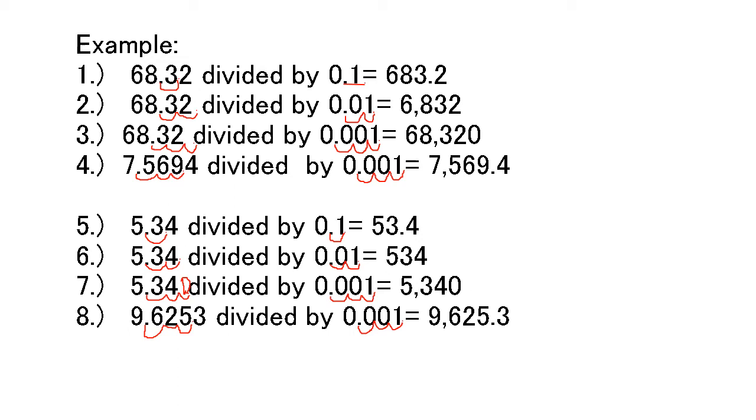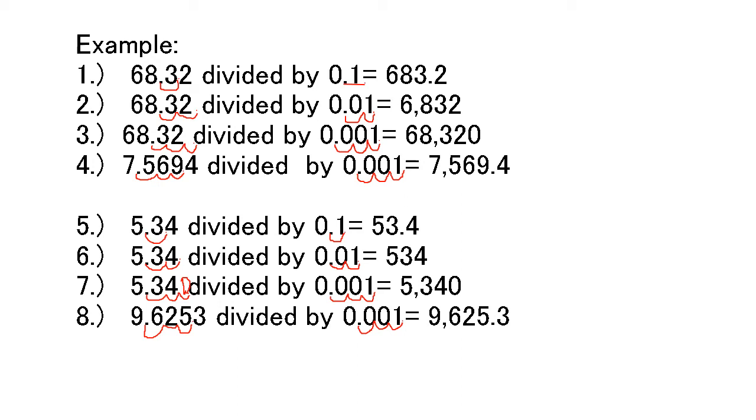Now let's have another example, number 5. 5 and 34 hundredths divided by 1 tenth is equal to 53 and 4 tenths. Now, let's move the decimal point 1, so it becomes now a whole number.